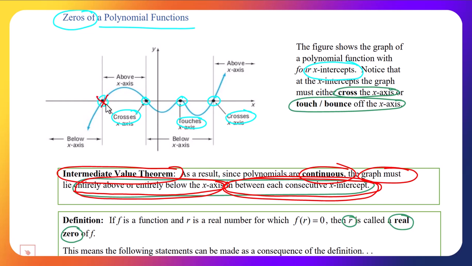So between these two intercepts, the graph is above entirely. Between these two intercepts, the graph is below all the time. Between these two intercepts, the graph is below. And so between intercepts, we can see it's entirely above or below the x-axis.